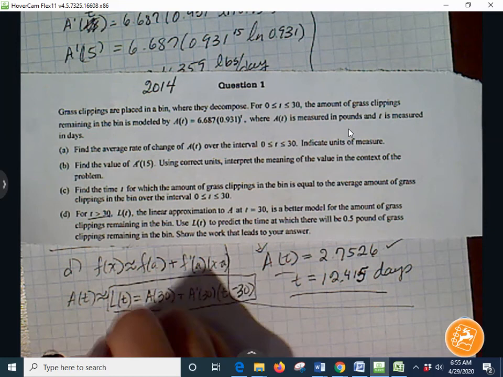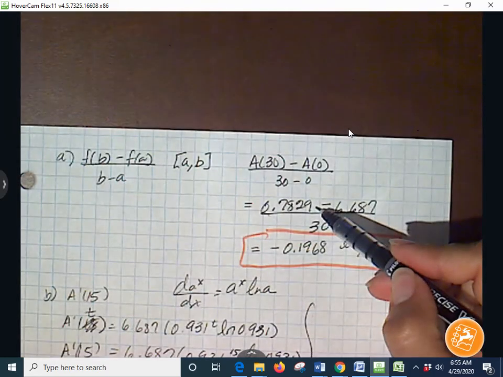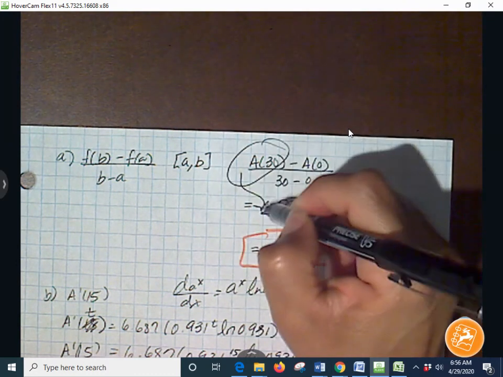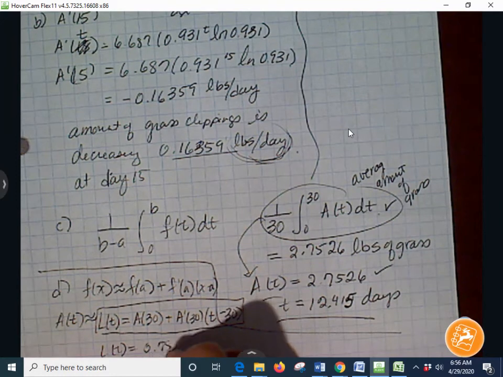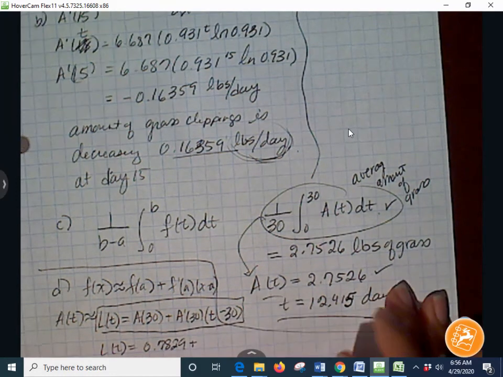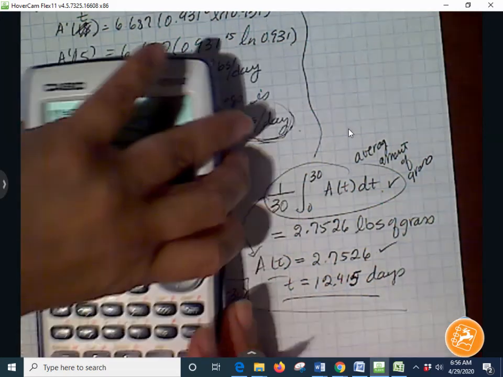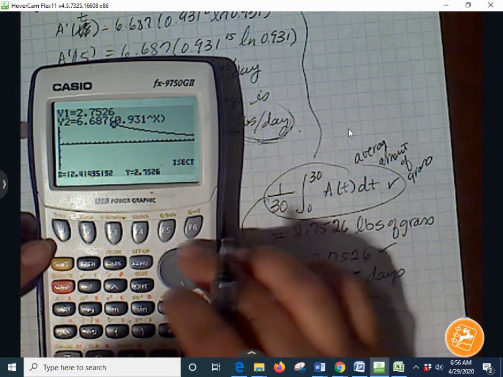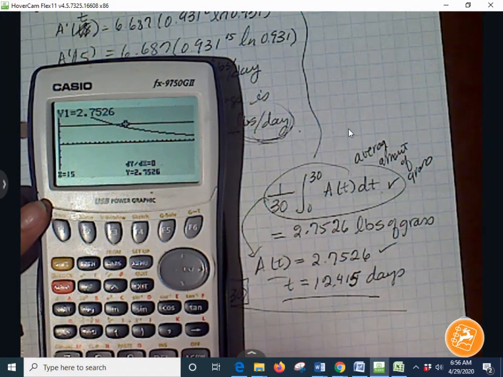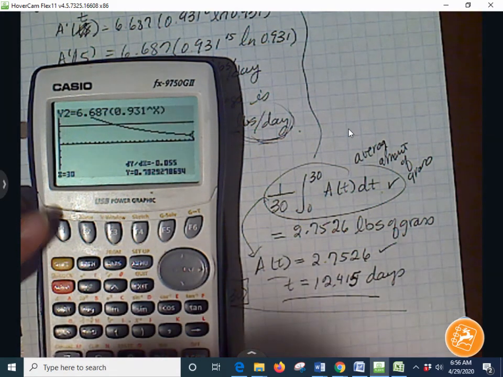So L of t is equal to A of 30, which is 0.7829, plus A prime of 30, which I don't know. So I'm going to figure that out from here.